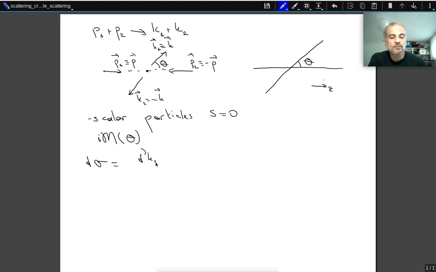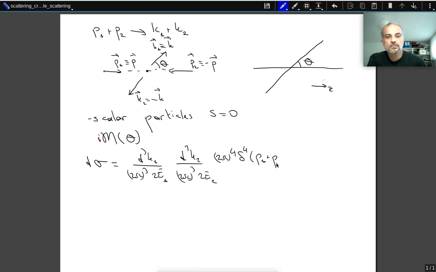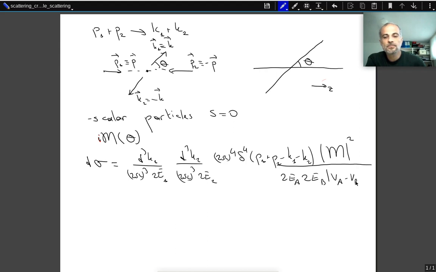This is d cubed k1 divided by 2 pi cubed 2E1, d cubed k2 divided by 2 pi cubed 2E2, and then we have the four-dimensional energy-momentum conservation delta, p1 plus p2 minus k1 minus k2, and then we have the invariant matrix element squared, divided by the normalization and the flux of the incident particles, 2EA 2EB times |vA minus vB|.